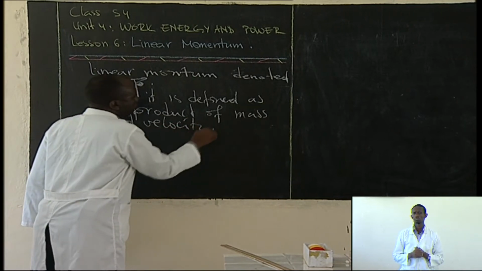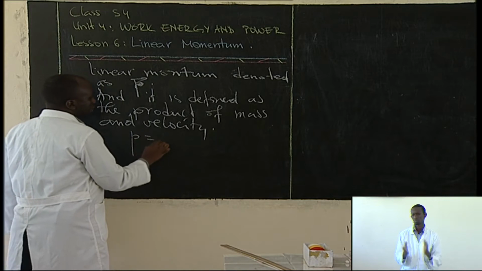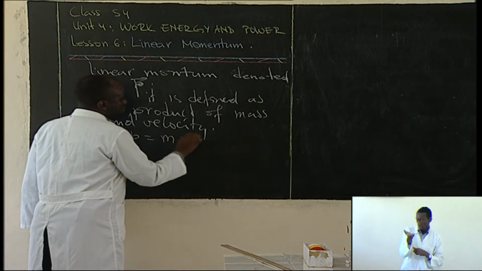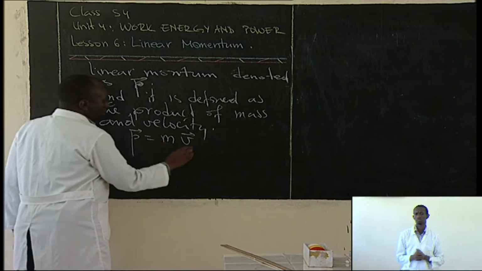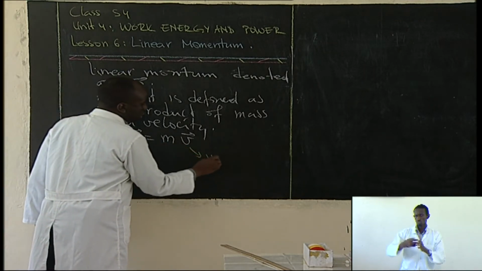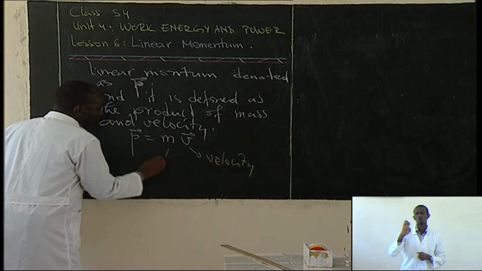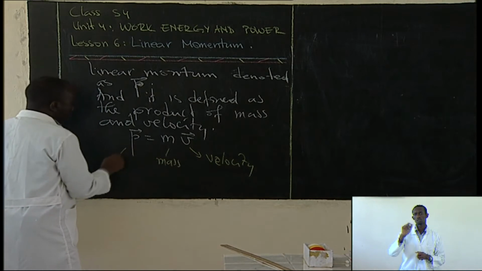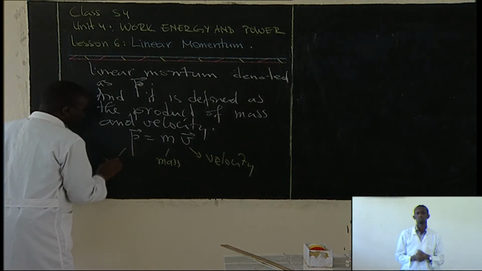So this is how we define that. In very simple terms, you have p equals mass times v, where v is the velocity. Here we have the velocity, and this is the mass, and so we have a linear momentum.